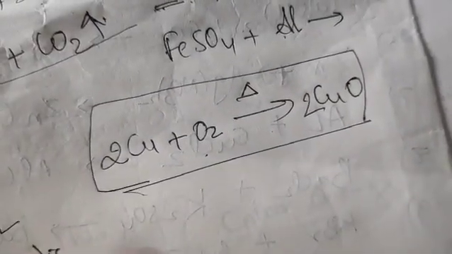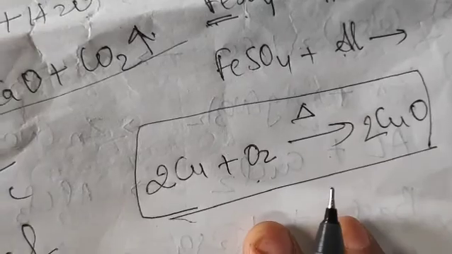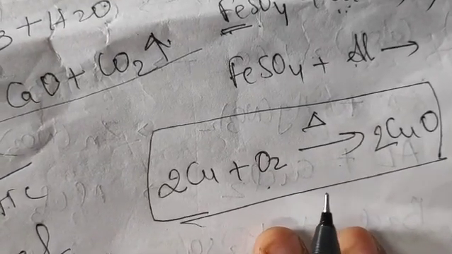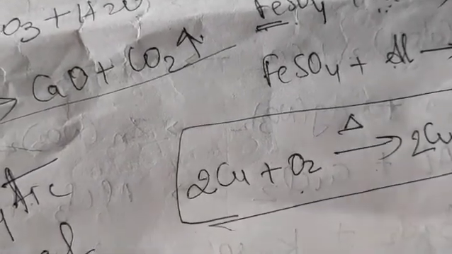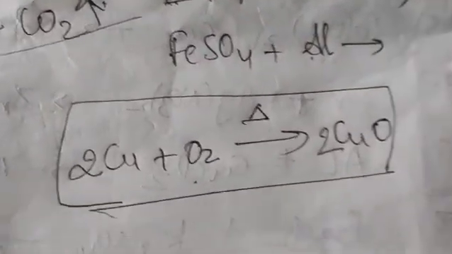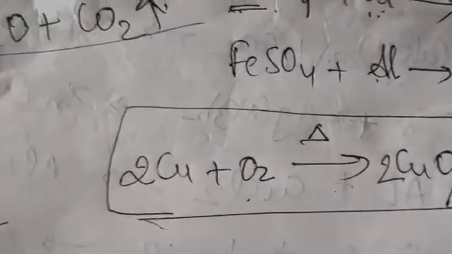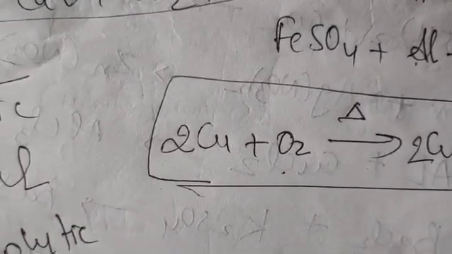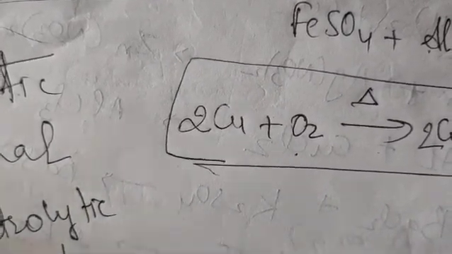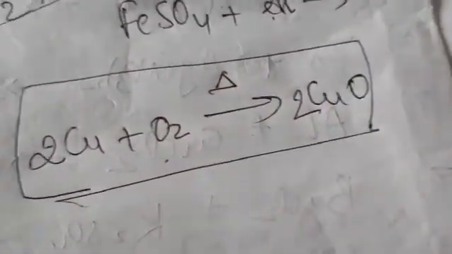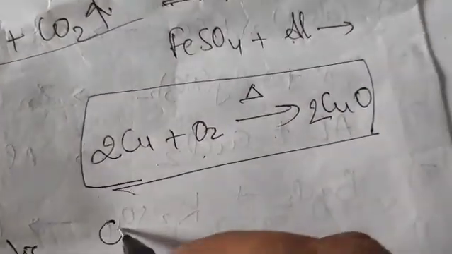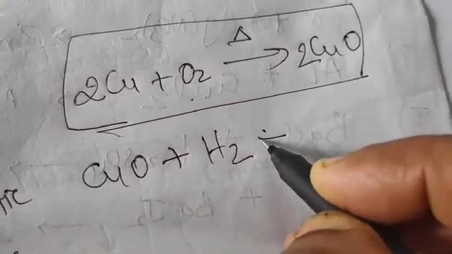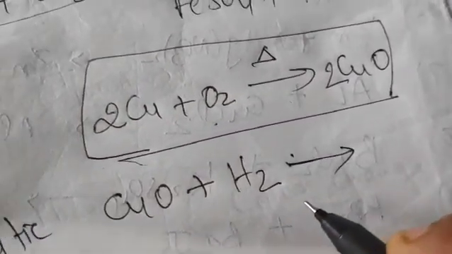Yeah. Now in this part of the reaction, what is very important is that when this copper oxide which you got, if you allow hydrogen gas to pass over it, then what would happen?